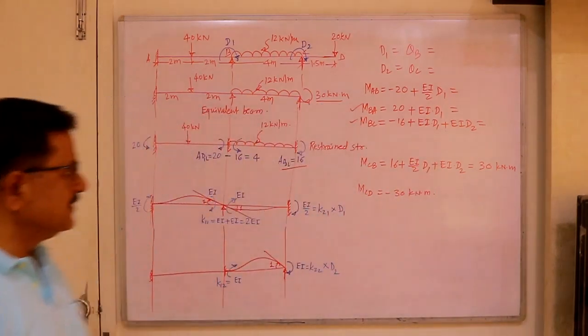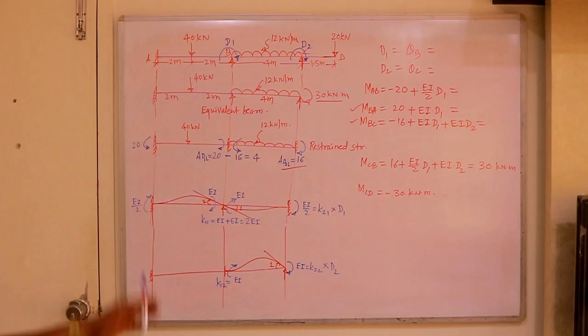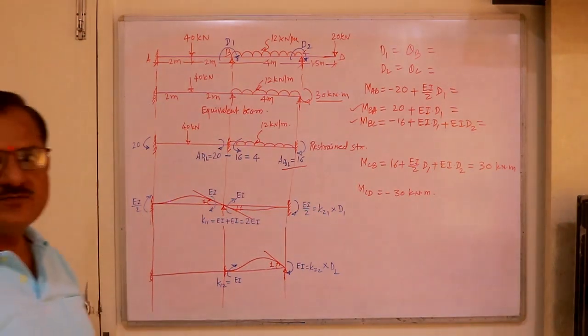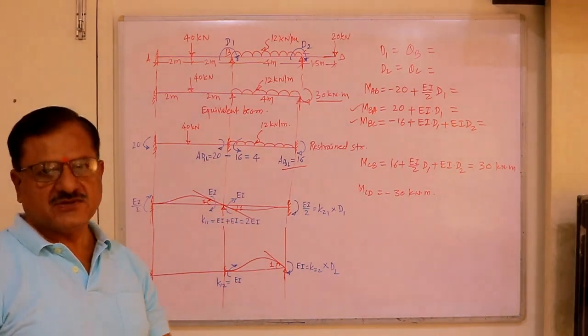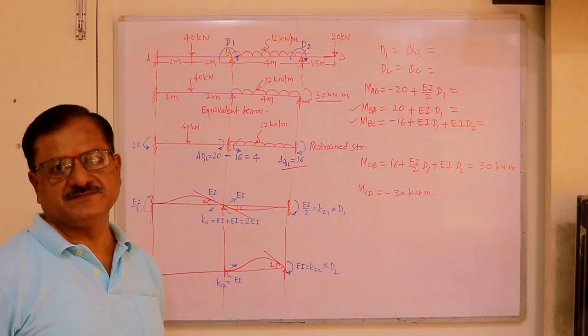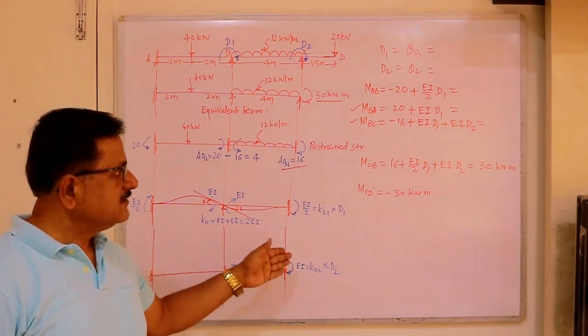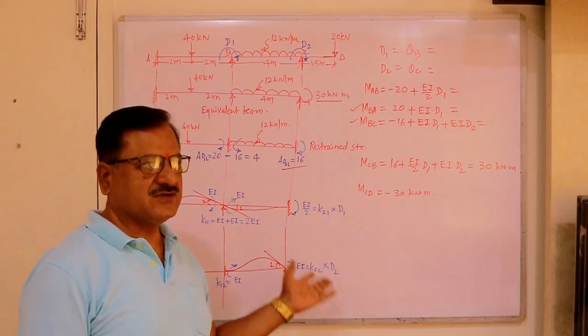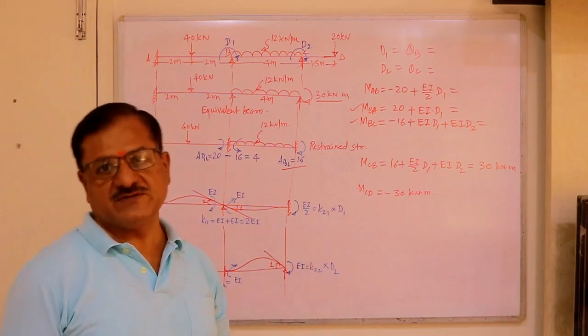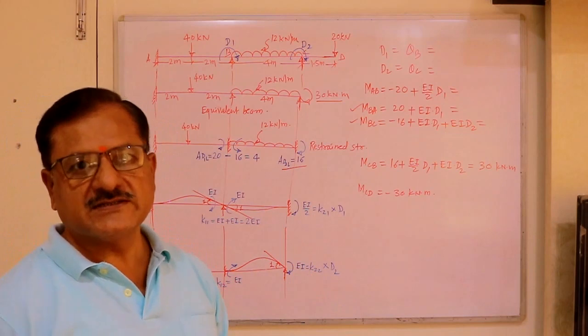So these are the moments, and with these moments you construct the bending moment diagram, find out reactions, and then complete the SFD. So now we'll stop here. In the next lecture we will again solve one or two problems on frames. Okay, thank you very much.